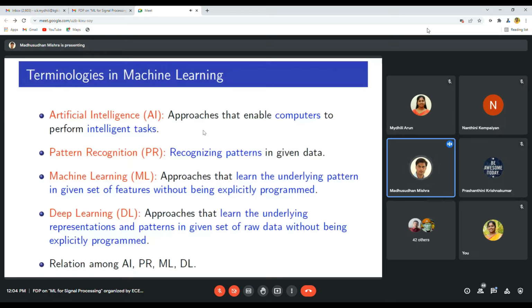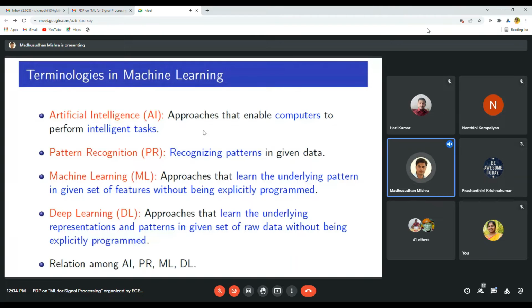Whereas deep learning tries to learn the underlying representation and patterns in a given set of raw data. It doesn't require features. Directly from the raw data, it tries to learn the underlying representation and pattern without being explicitly programmed.